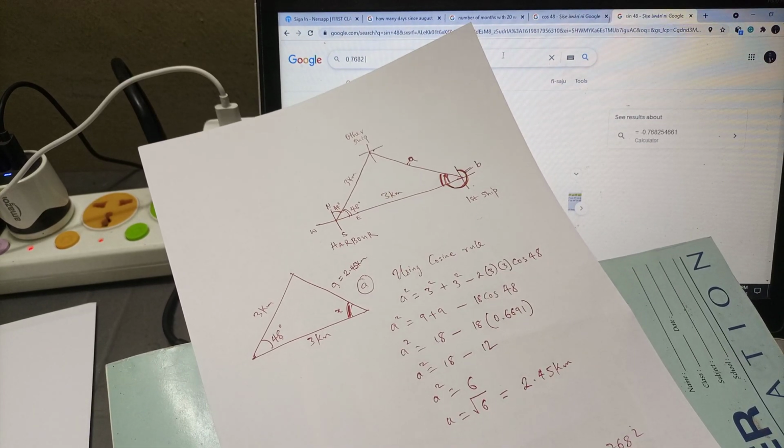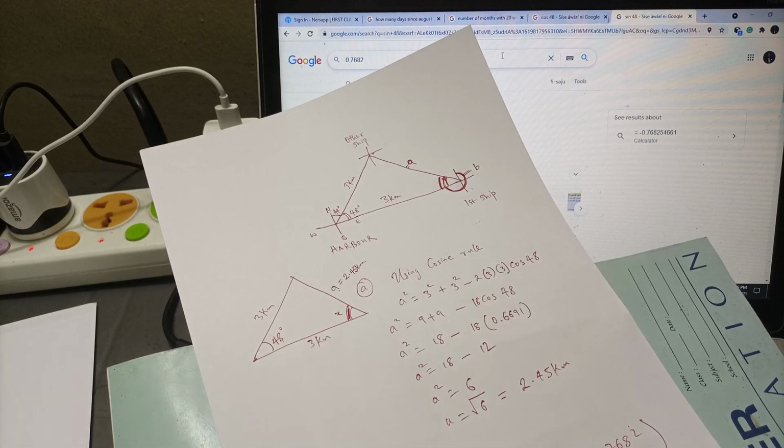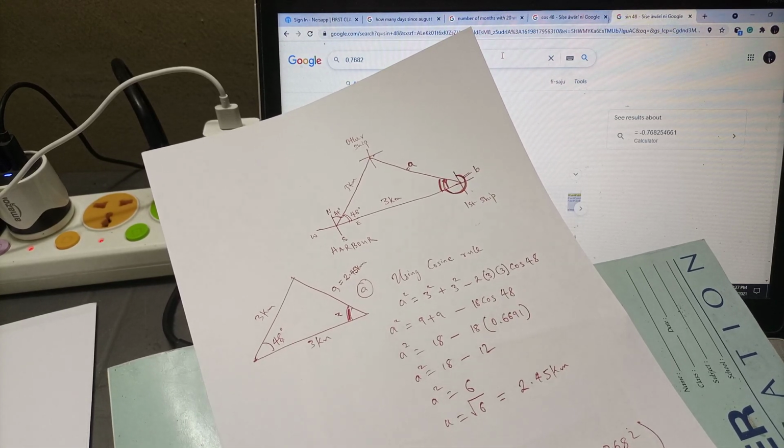So whatever we get here, to get S, you now find the sine arc of 3 times sine 48 over 2.45.